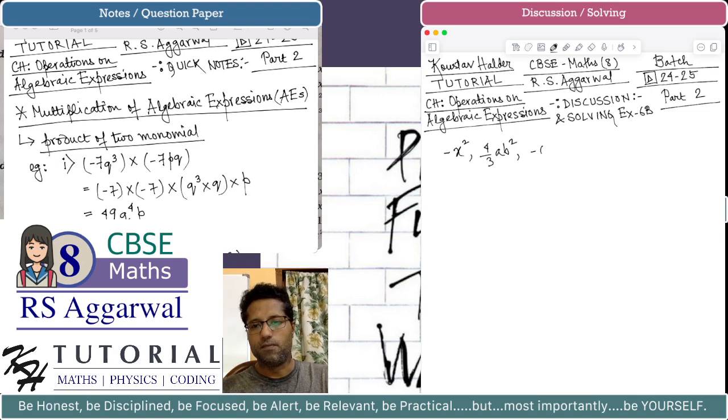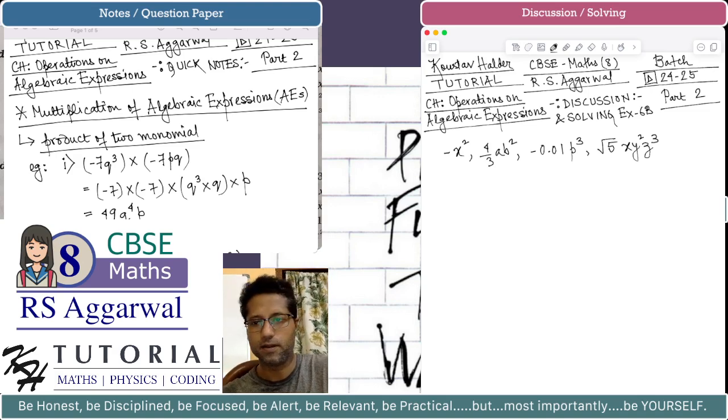You can have minus 0.01 p cube, and you can also have, let's say, square root of 5 x y square z cube. So these are all monomials. That is, a monomial is basically a term.